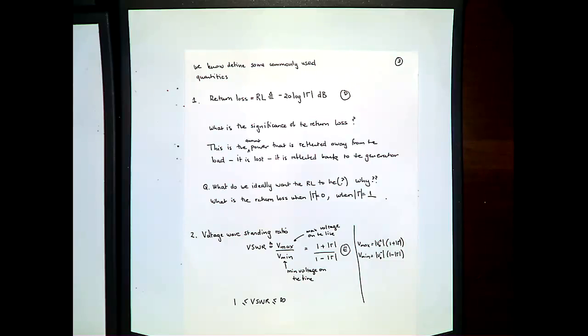You put energy in, how much of it's coming back to hit you? And what's its maximum? 0, which means you put in all the power and it just comes back and hits you. Can anyone give me an example of a transmission line or a load where you would think the return loss would be 0?